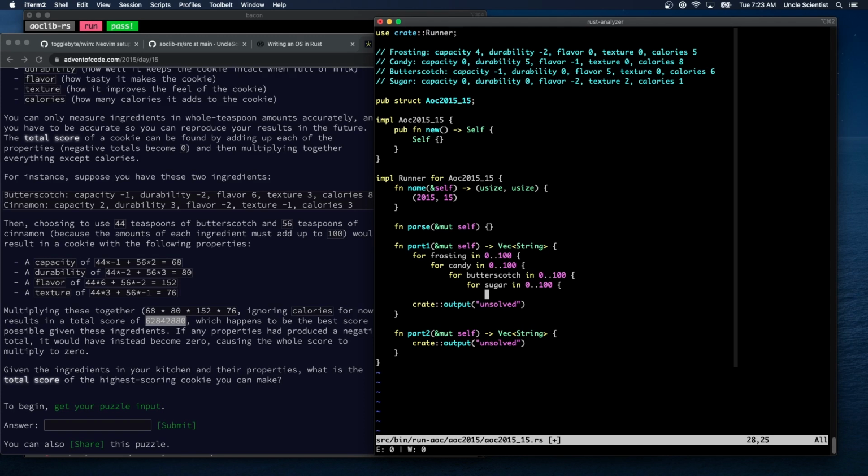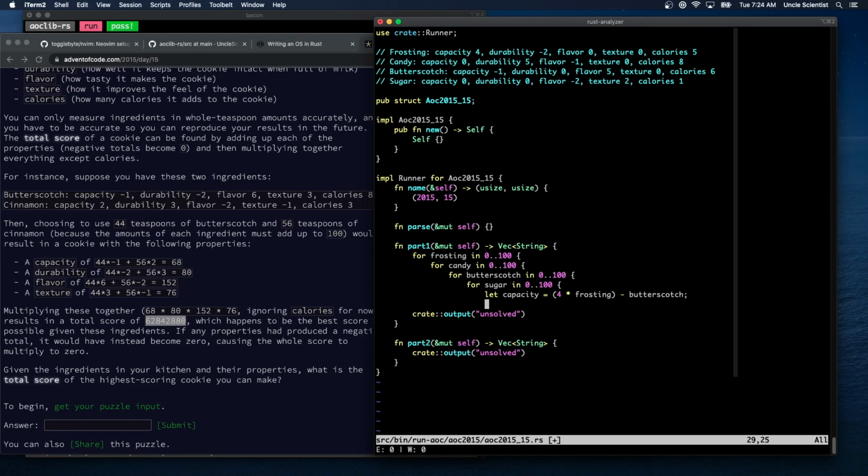And then we can just say, let capacity is equal to, and for frosting, it's 4. So it's basically 4 times frosting. And 0 of this, it's -1 of butterscotch. So minus butterscotch. And then 0 on sugar. So that's capacity right there, 4 times frosting minus butterscotch.